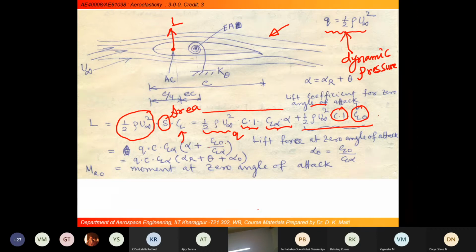This is the initial angle of attack because it is a cambered aerofoil, inherently there will be a lift force developed in the aerofoil, and due to that, whatever equivalent alpha we are getting, that we are defining as alpha naught. So you are writing CL as CL alpha times alpha plus CL naught by CL alpha.